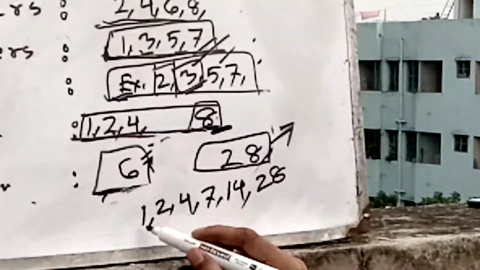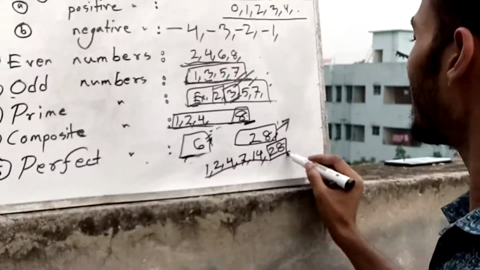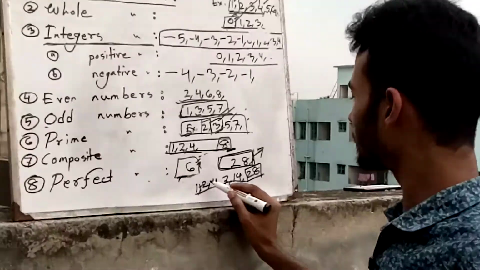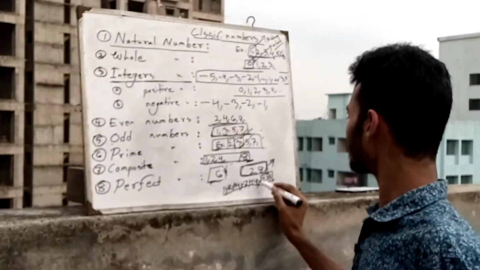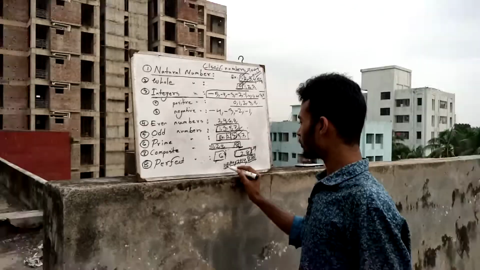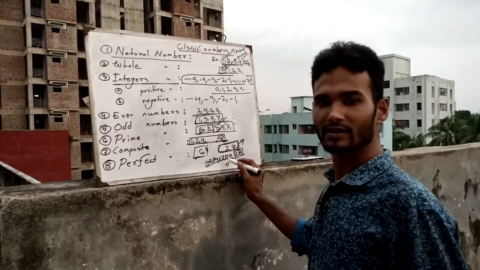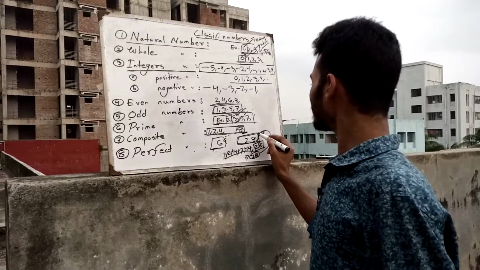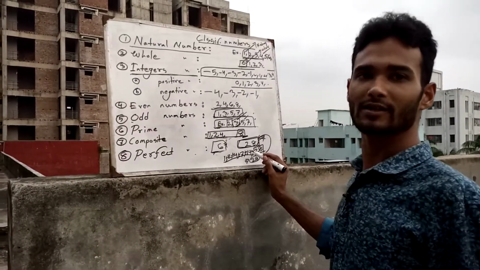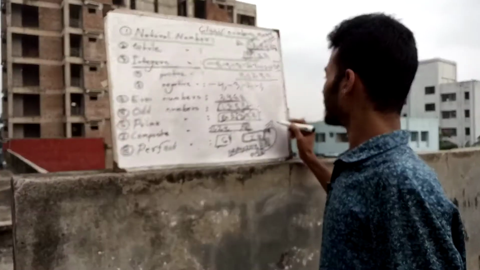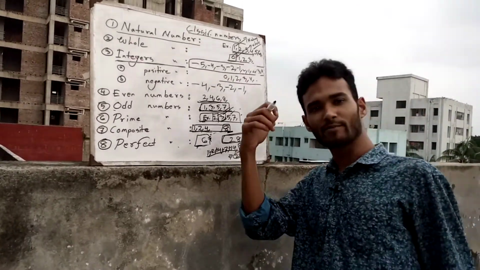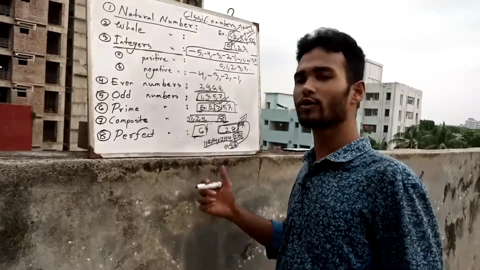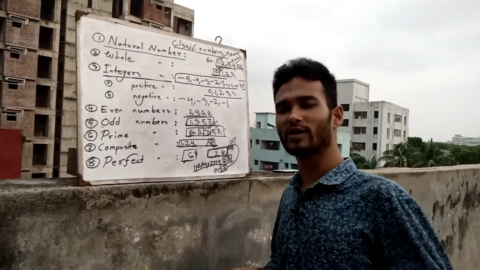We have to add all the factors except the number itself. 1 plus 2 plus 4 plus 7 plus 14 equals 28. So 28 is called a perfect number. We may have other perfect numbers besides 6 and 28. You may check it yourself, at home or in your class, whenever you want.